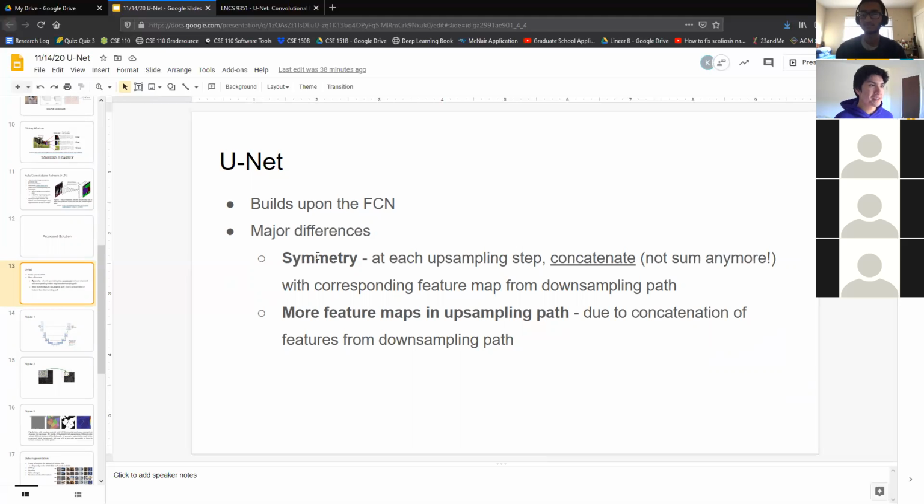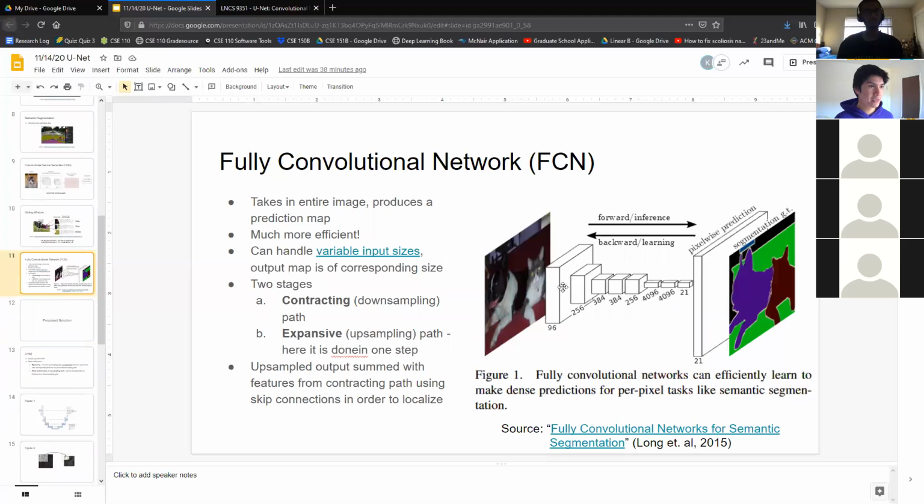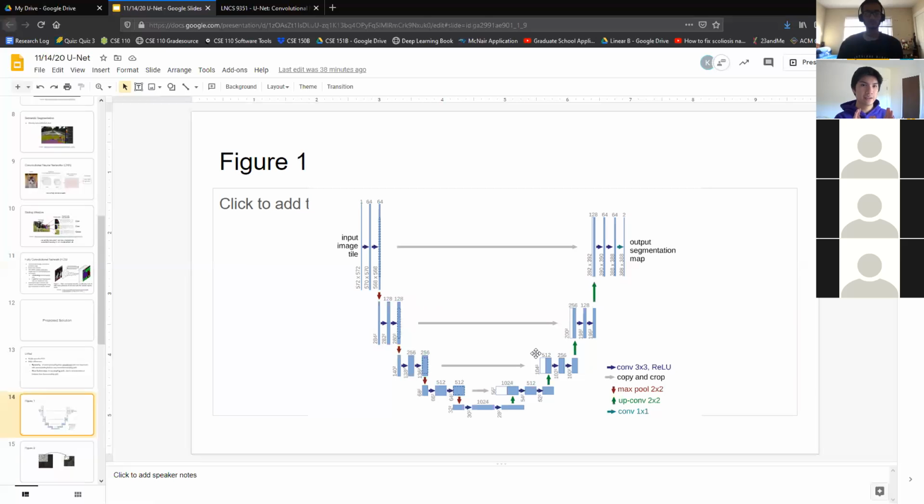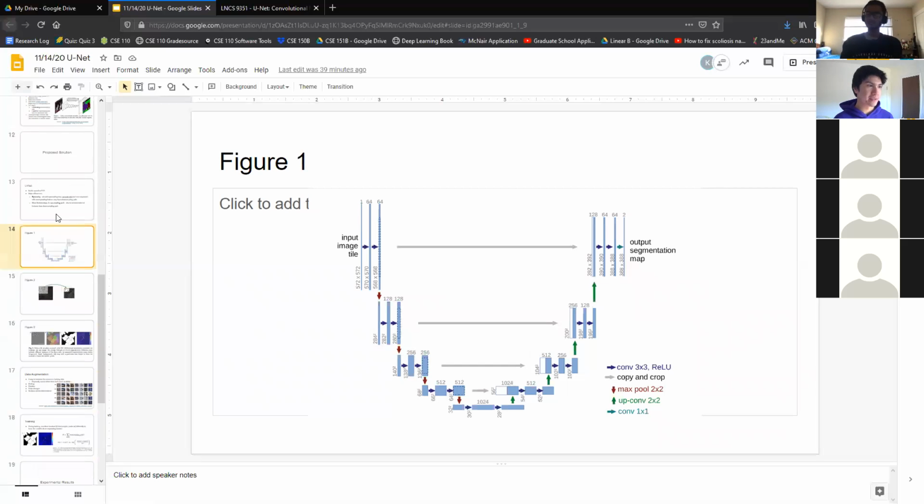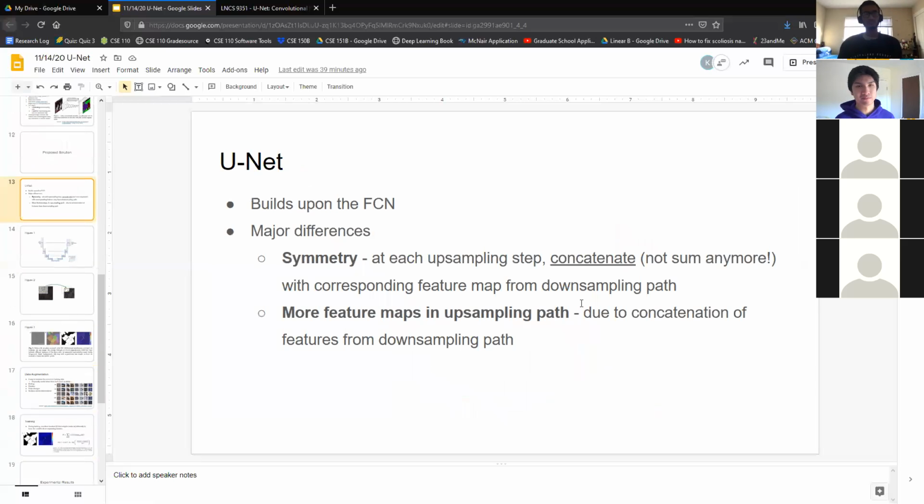Yeah, the main differences are, yes, the symmetry. Also in the FCN, when they combine feature map outputs from the contracting path with the upsampling path, they actually sum those values, but in the UNet, they concatenate them. And the effect is that you're getting more features. Mm-hmm. Yeah, so that was the second of the two main innovations of the UNet.